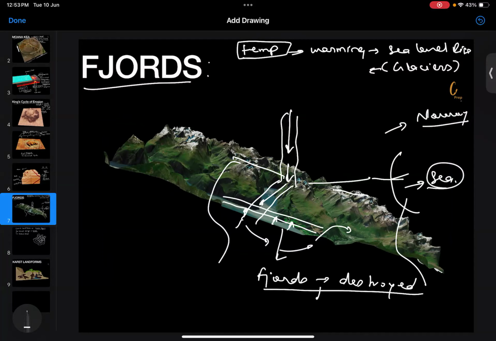Okay, they are getting destroyed because they were formed by the erosion of glaciers, but here they are encroached by water or sea.